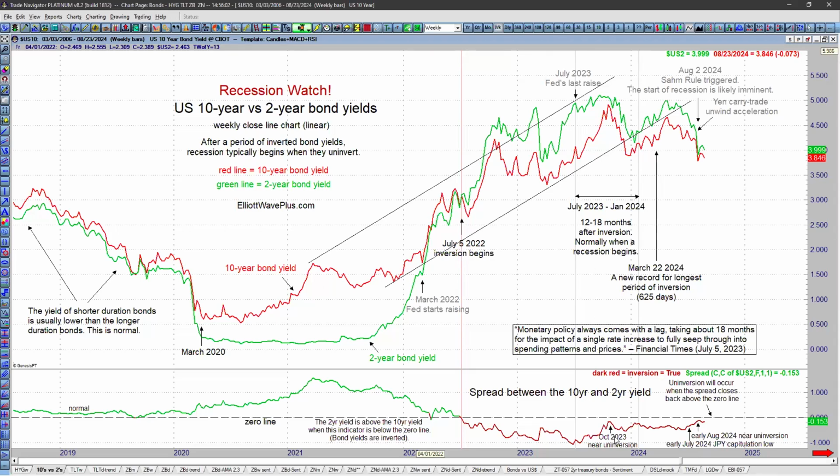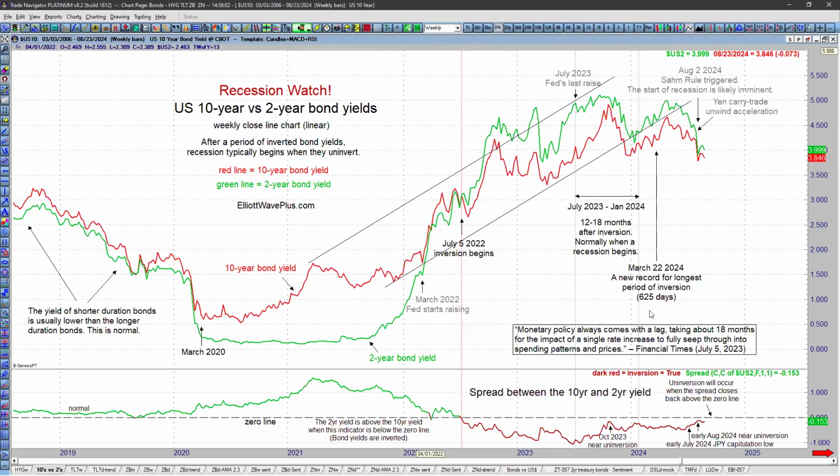And you can see in October of 2023, we nearly had an uninversion, but for whatever reason, we did not get an uninversion at that time, and bond yields have remained inverted for a record length of time.